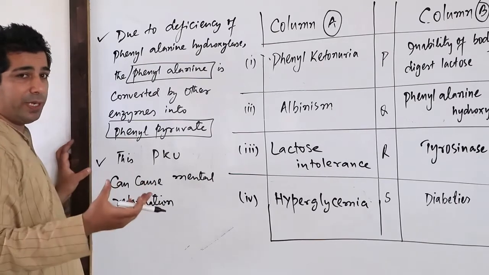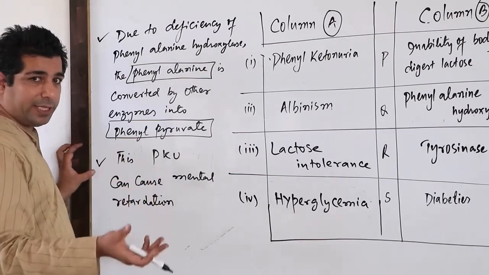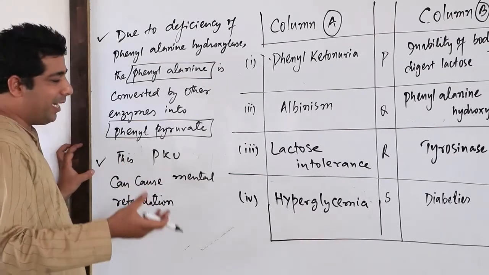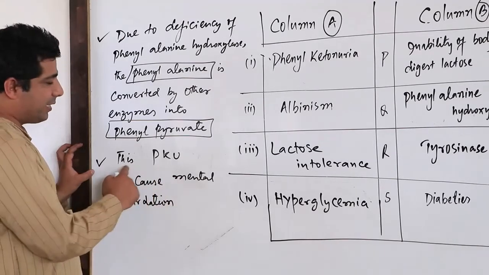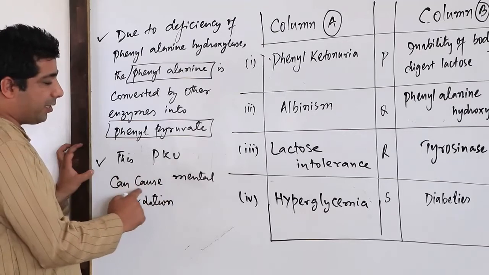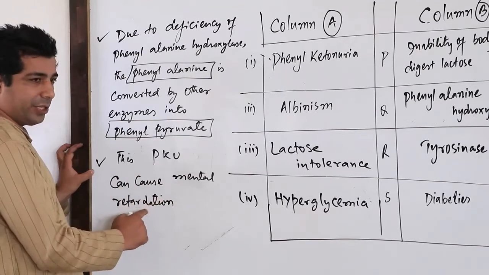So the development of the brain, the intellectuality, the efficiency of the newborn babies will be lost actually. So this phenylketonuria can cause mental retardation.